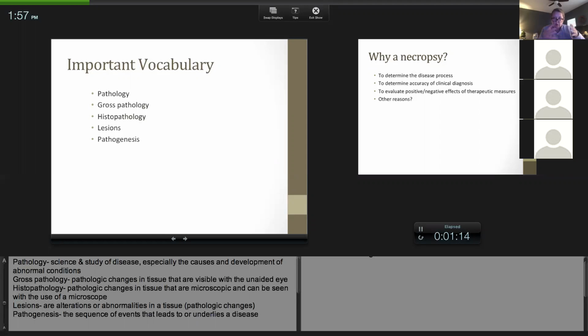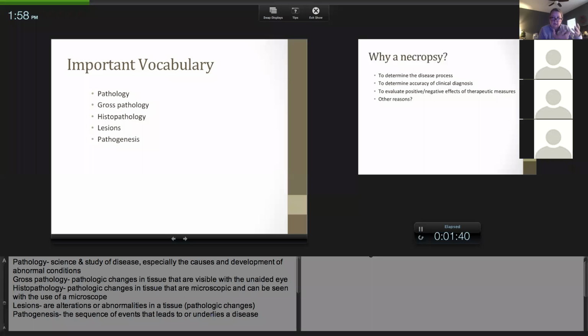Now, histo always pertains to tissue. So histopathology is changes to the tissues that are microscopic. Say, using the same scenario, there weren't obvious tumors, but the doctor decided to take a piece of the spleen and send it to the lab.